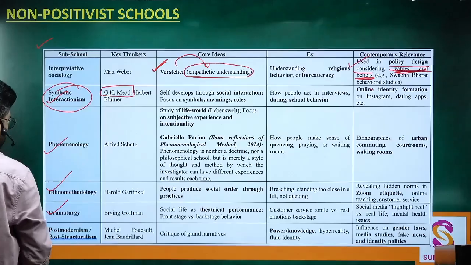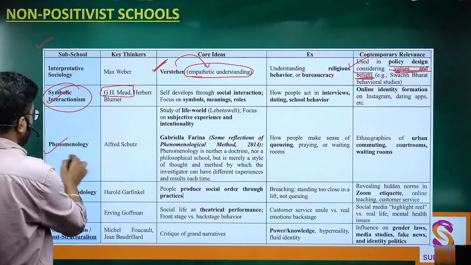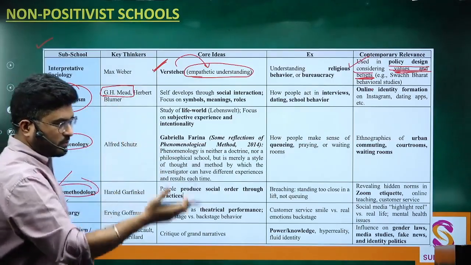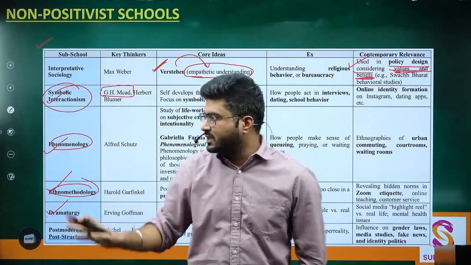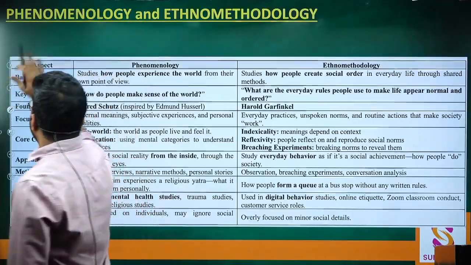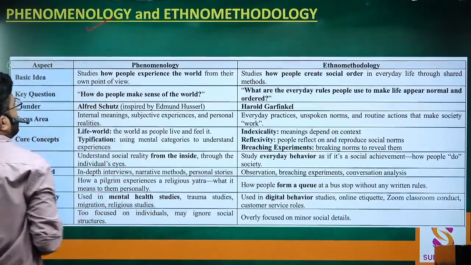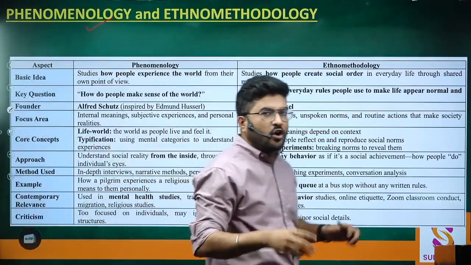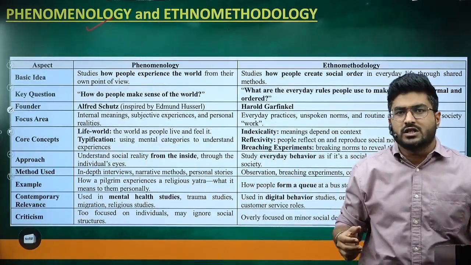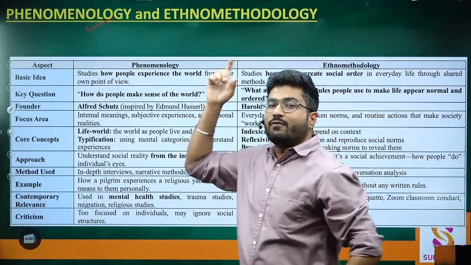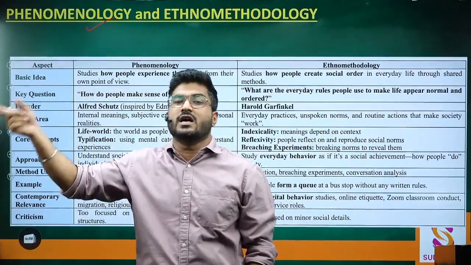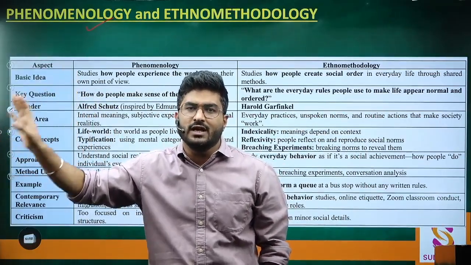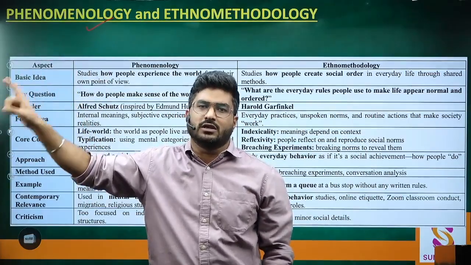Okay. Then phenomenology and ethnomethodology. For your note making skills, to simplify this, I have again made a different chart of phenomenology and ethnomethodology. Phenomenology is nothing but the study of a phenomenon, the study of an experience from the first hand view, what kind of experience the individuals are having in their social context, in their social surroundings.